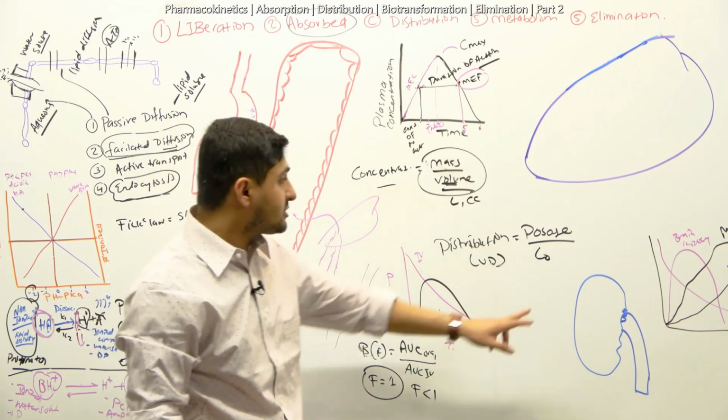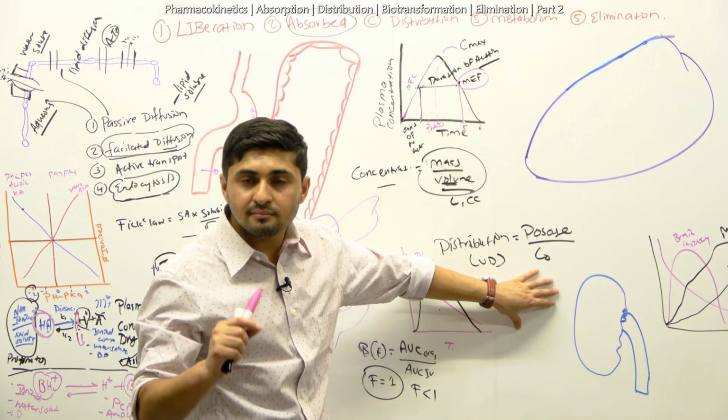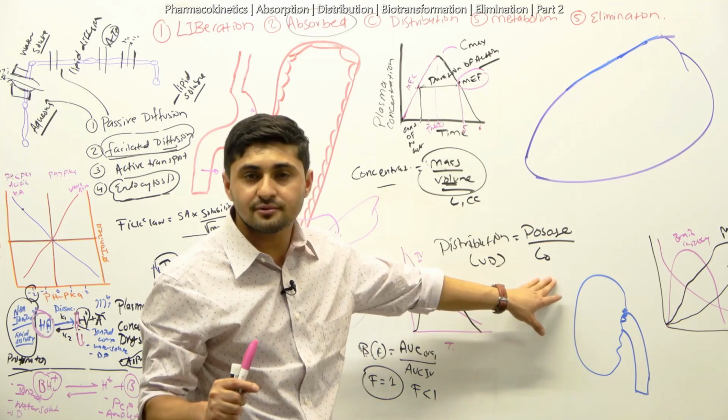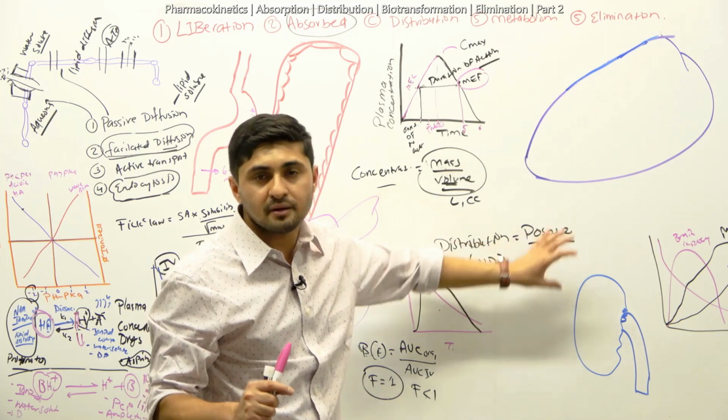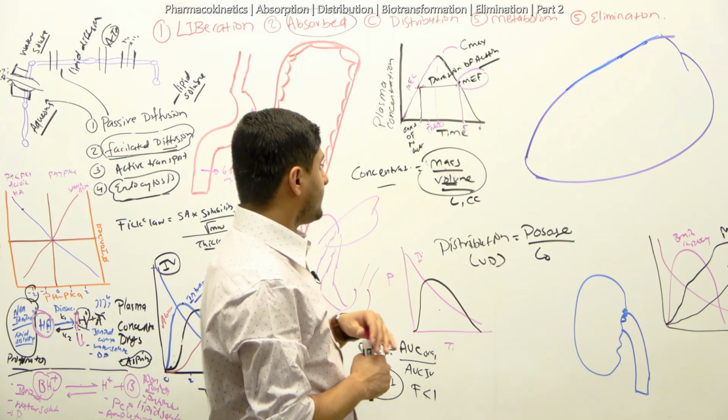What is the plasma concentration of the drug? This is how, mathematically, through equations, you can figure out how much drug has been distributed to that particular organ. These are the distribution equations right here.